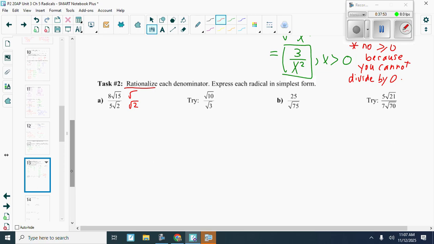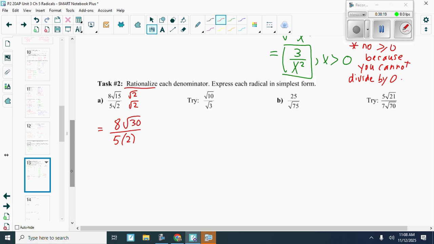Because I'm rationalizing the denominator, I have to multiply top and bottom by whatever radicand is on the bottom. Then on top I get 8 root 30, and on the bottom I'm doing 5 times 2, because root 2 times root 2 gives me 2, and it still gets multiplied by the 5.